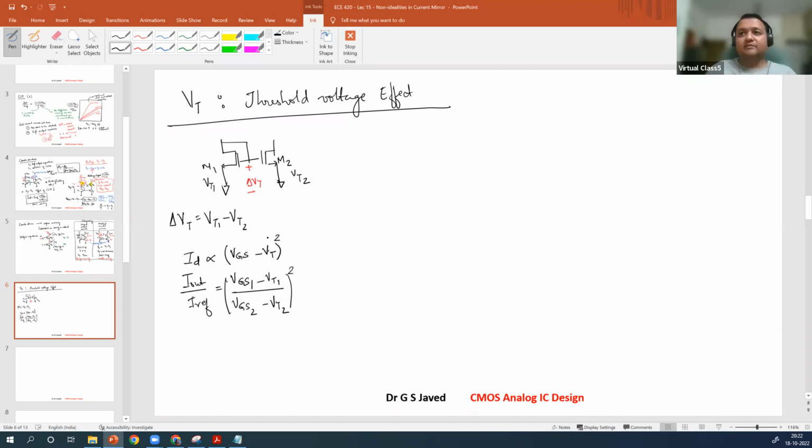Now, technically, sometimes we have seen very small delta VT changes do not have a significant impact. We do not have a number, but there is a rule of thumb.